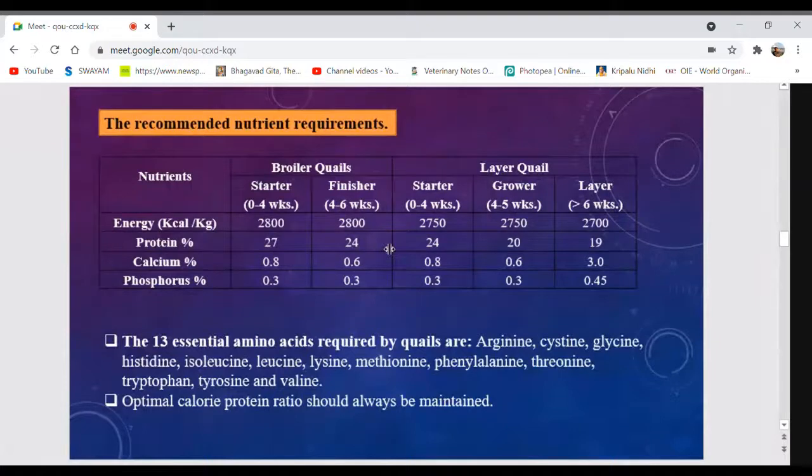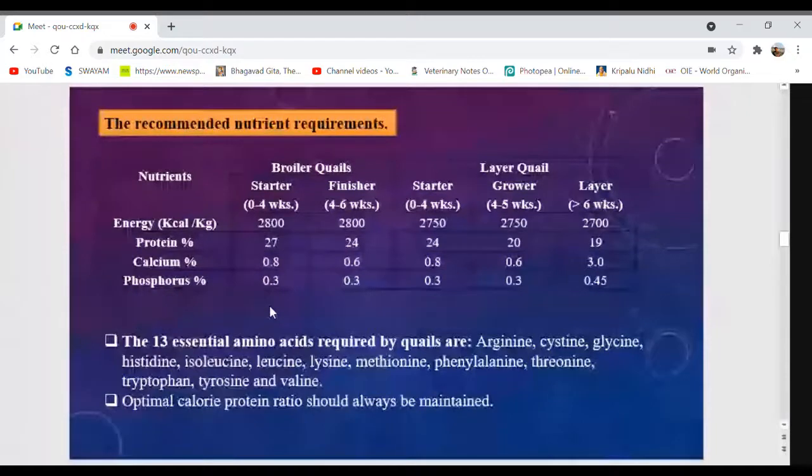Because of that, if energy is more, definitely feed intake will be less, and it is already less. In that case, what will happen? They will definitely suffer from deficiency of micronutrients like vitamins and minerals, and maybe also suffer from protein deficiency. Growth will be retarded, sexual maturity will be delayed, egg production will be affected.